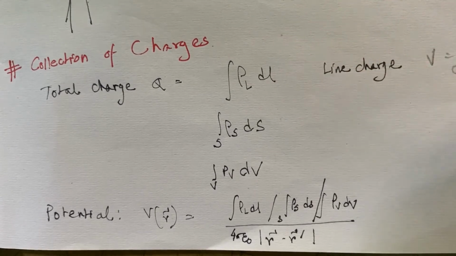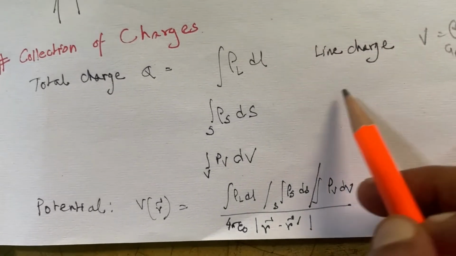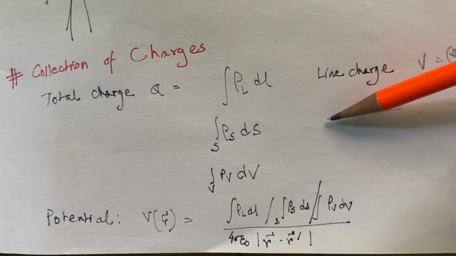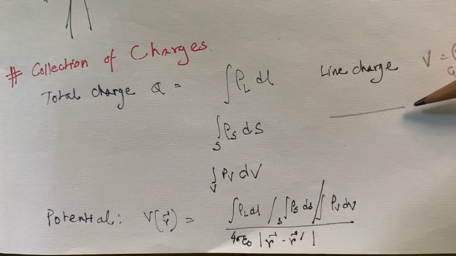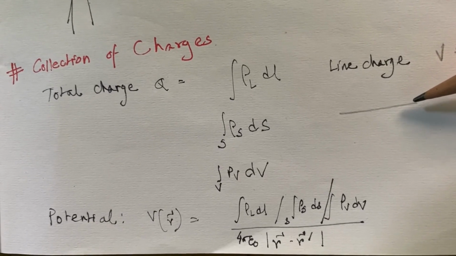Now actually there is nothing like a continuous charge distribution. If I have a line and so many charges are there that we can consider it a line charge distribution, but if we zoom into it, we can see the charges are actually discrete.